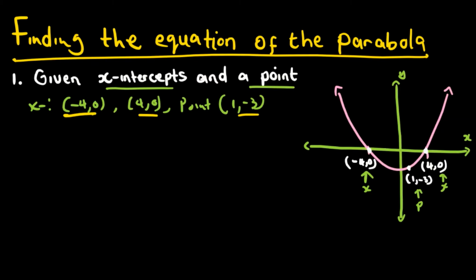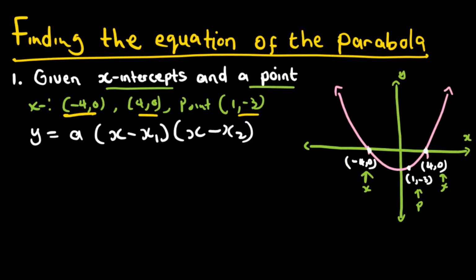The first step is to write our equation, which is y equals a into (x minus x1)(x minus x2). The reason we're using this equation is because we already have our x-intercepts, so we use it instead of the standard form.